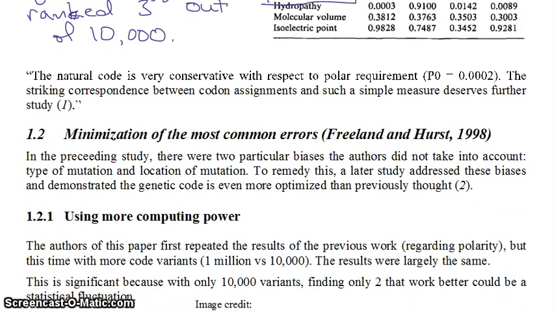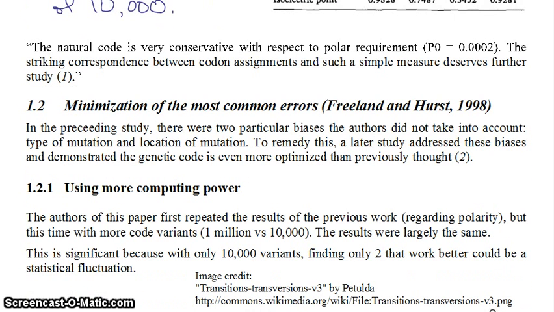So the first thing they did is that they used more computing power. In the previous work, the authors only looked at 10,000 different code variants, different random genetic codes. And in that work, they found that the natural genetic code was beaten by 2, remember, 2 were better out of 10,000.